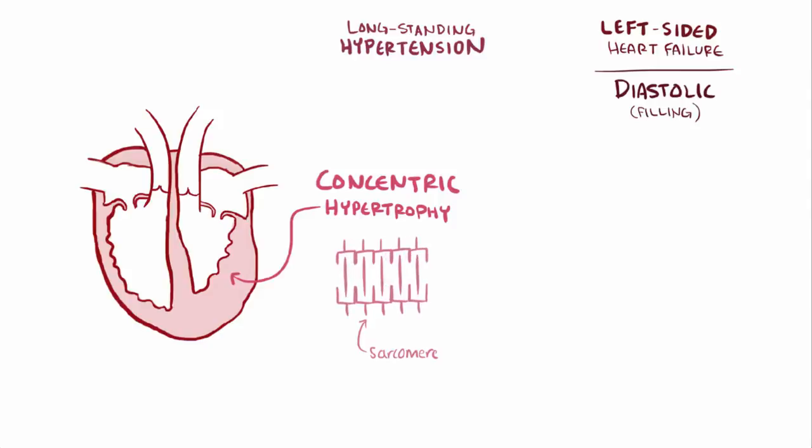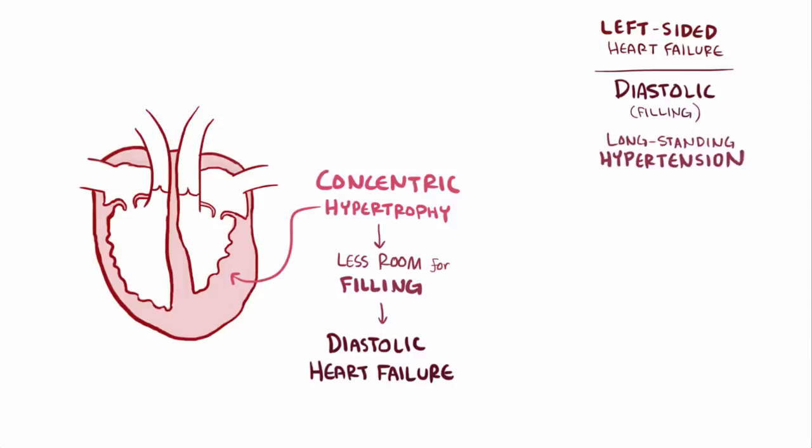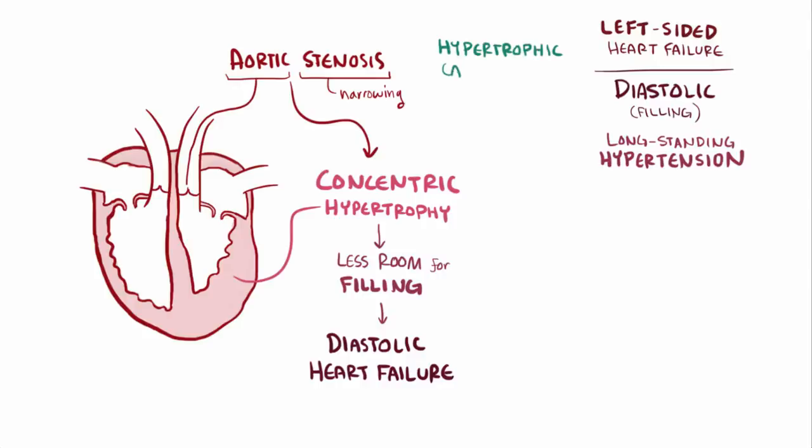This means that as the heart muscle wall enlarges, it crowds into the ventricular chamber space, resulting in less room for blood, meaning that in addition to contributing to systolic dysfunction, hypertension also can cause diastolic heart failure. Concentric hypertrophy leading to diastolic failure can also be caused by aortic stenosis, which is a narrowing of the aortic valve opening, as well as by hypertrophic cardiomyopathy, an abnormal ventricular wall thickening, often from a genetic cause.